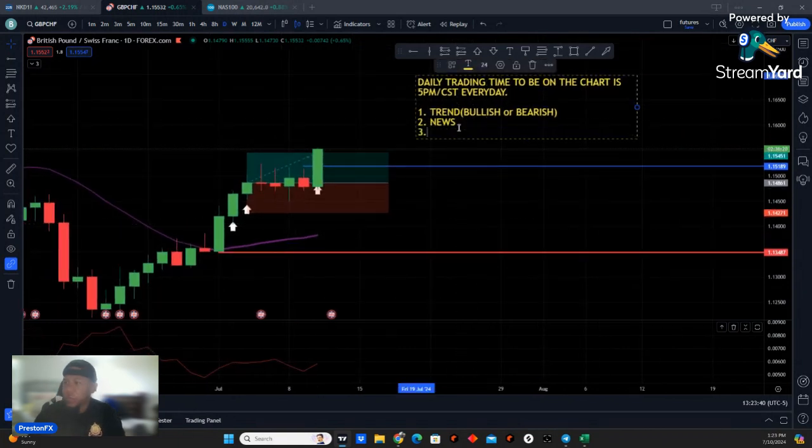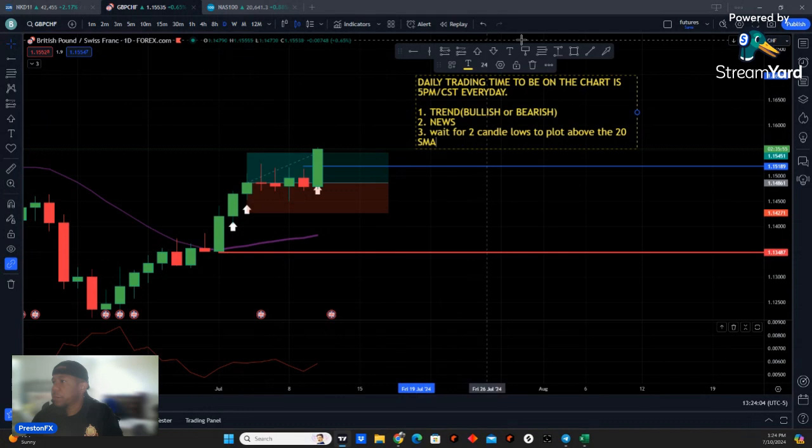Then from here, if I'm bullish, I wait for 2 candle lows to plot above the 20 SMA. So if you look right here, I'm going to show you this.